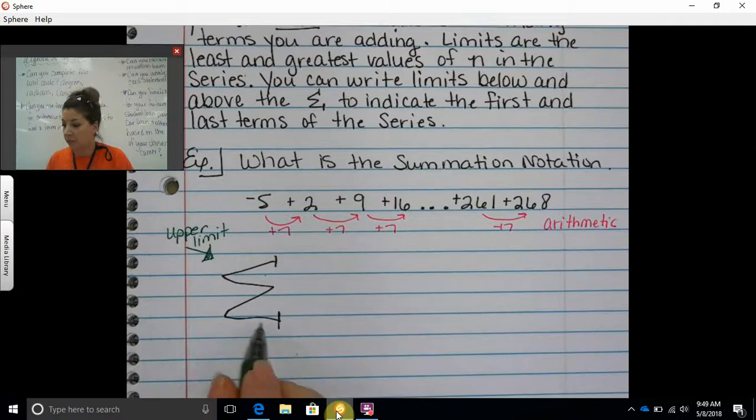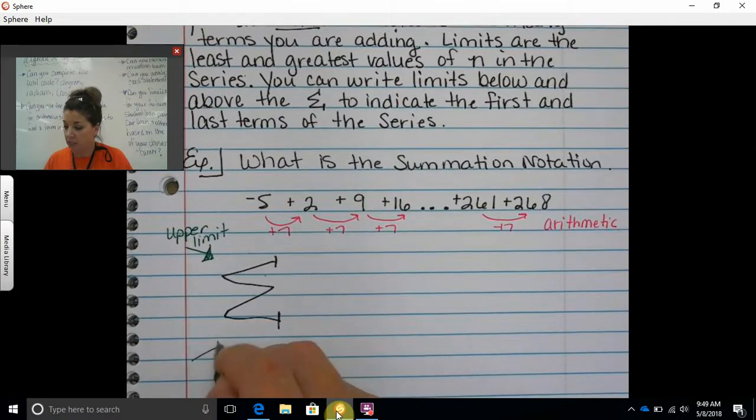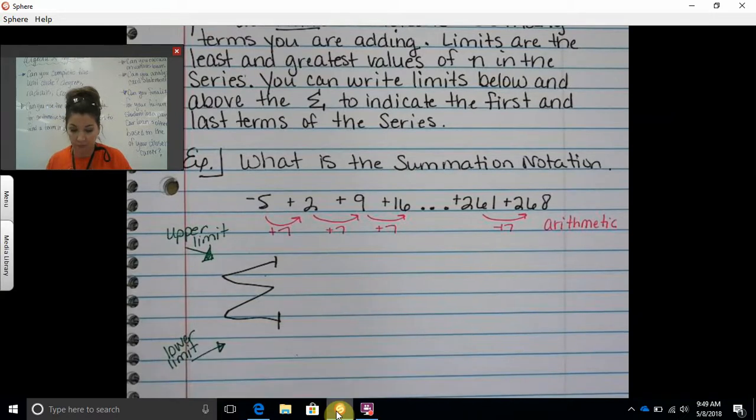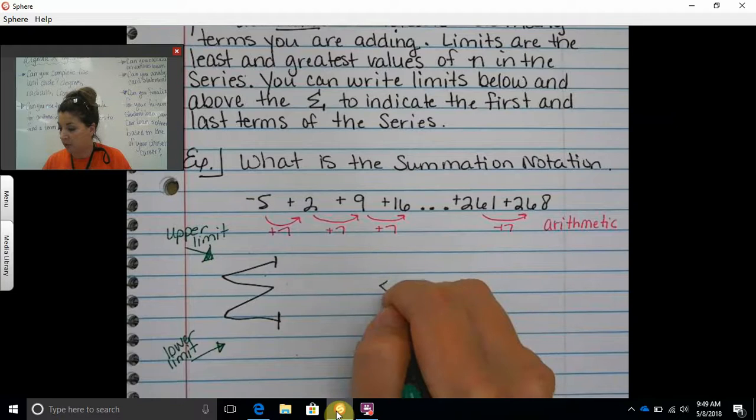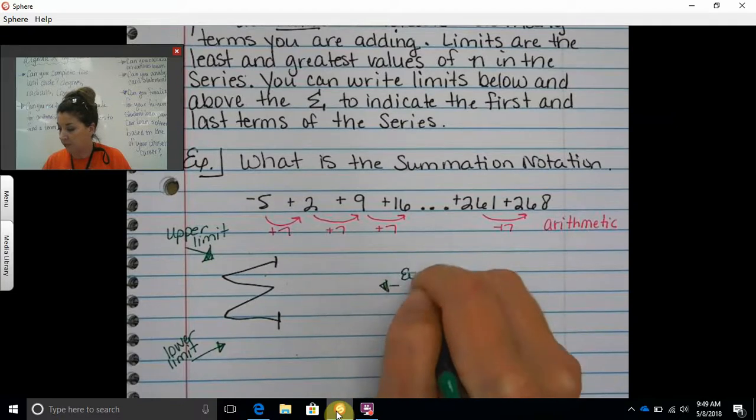We're going to write a number below sigma, and that represents your lower limit. And then we write a number out to the side, or expression, and that comes from the explicit formula.